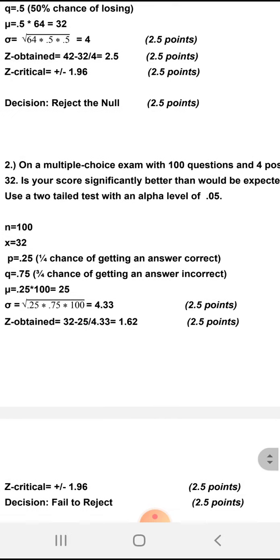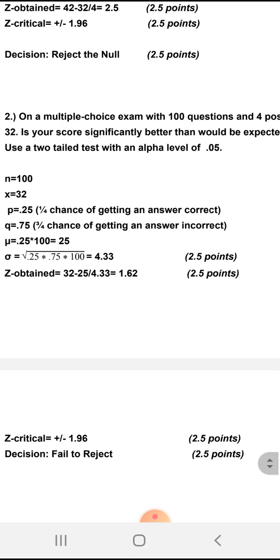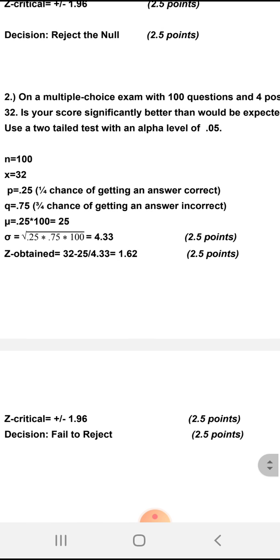Okay. Next step, we do mu, that's P, which is 0.25 times 100, equals 25, right? So to think about it, that's getting 25 out of 100, the proportion of 1 in 4. So that's hypothetically saying, by chance, you should get 25 correct out of 100 if you just guess.